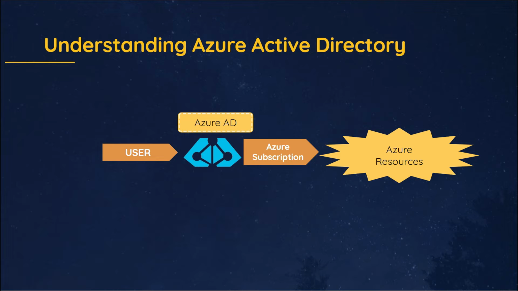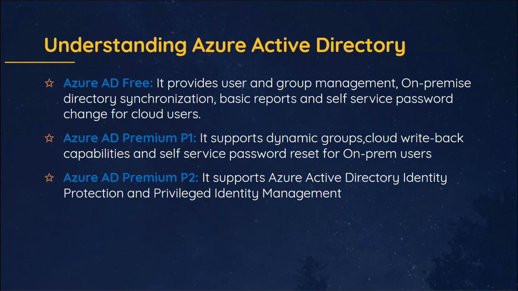So there are many resources, and you can fine-grain the access. Or else you can create a group. If you want a set of 10 students or 10 employees to have one specific role, instead of giving each and every user a role separately, you can just give a role or permission to a group and add these users under one single group. So these are the overall benefits of using Active Directory, and Azure AD is obviously a cloud-based Active Directory.